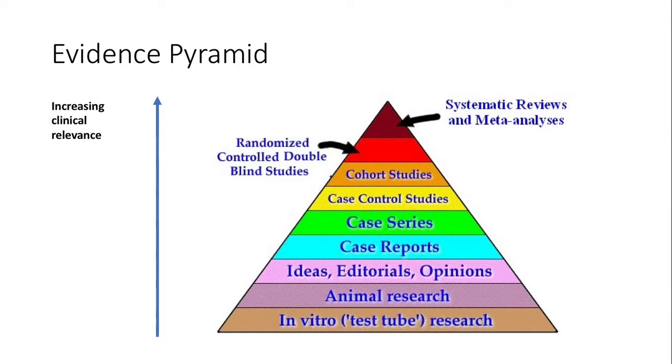So the studies at the top with randomized controlled double-blind studies are the most rigorous studies with the tightest control. Systematic reviews and meta-analyses typically will take RCTs and synthesize the results of those studies and quantify effects, and that can help.